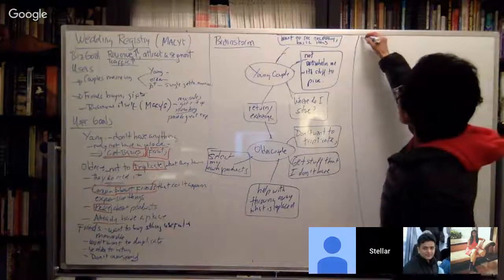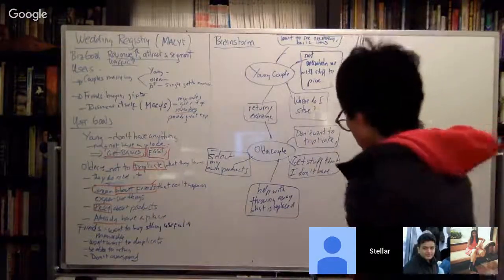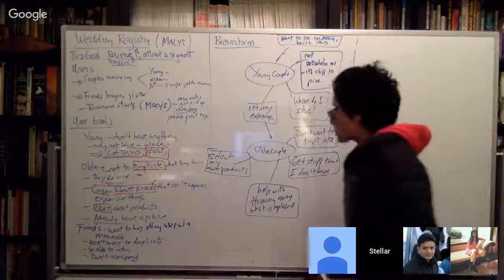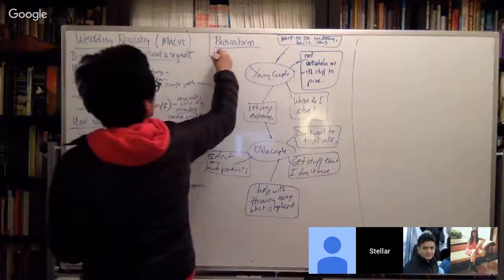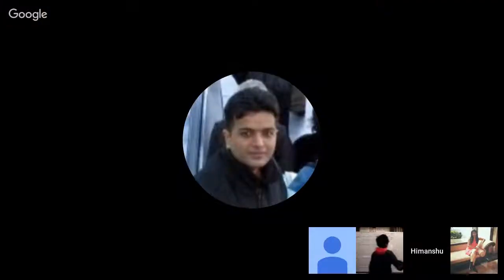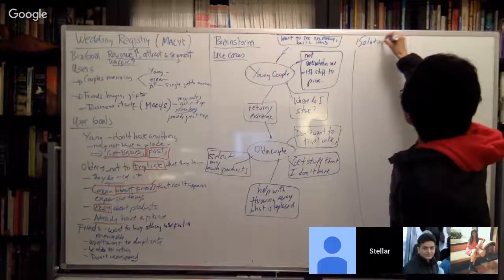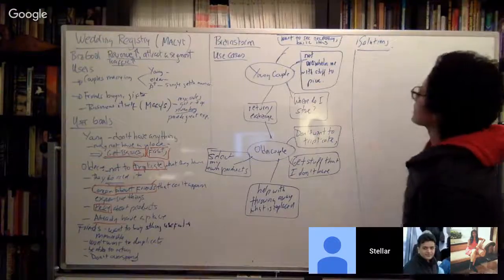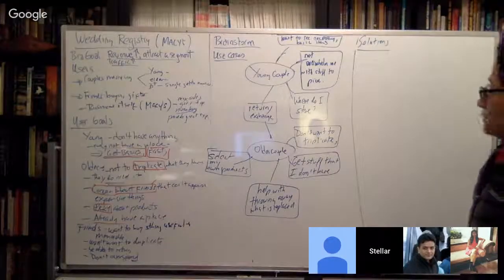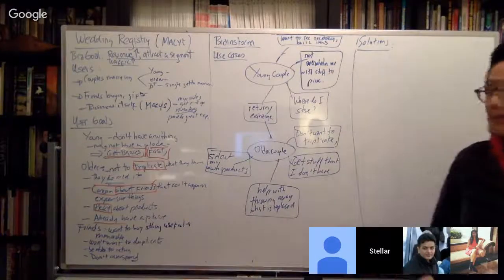So now let's go into solutions. With this brainstorming, you're brainstorming the use cases, and now you want to come here and talk about solutions. The couple that was more interesting to me was the older couple, so I'm going to start with that and put some ideas here.